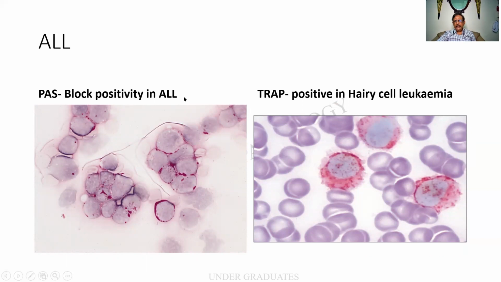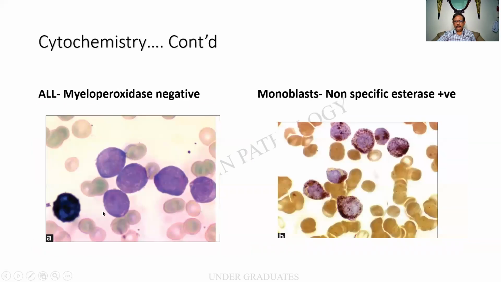It happens to be ALL with PAS. TRAP, tartrate resistant acid phosphatase, is positive in a cell called hairy cell leukemia. If you observe carefully, there are fine hair-like projections in this. Myeloperoxidase: this is a leukemia, but myeloperoxidase is negative, therefore it can be ALL. Monoblast, we identify by means of non-specific esterase.